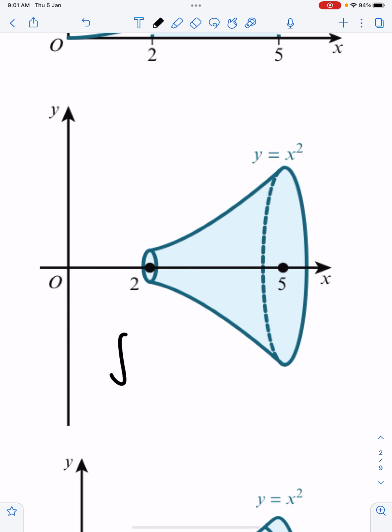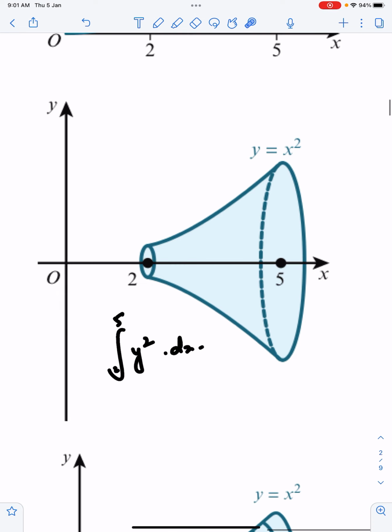That means you square y, whatever the equation of y is. After that you put the boundaries of 5 and 2 here. You also multiply this function by pi. You can put pi here, or since it's a constant, you can even put it outside. This is the method of finding the volume of revolution.